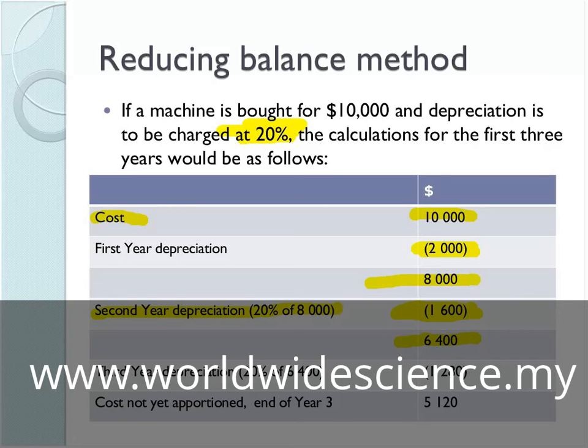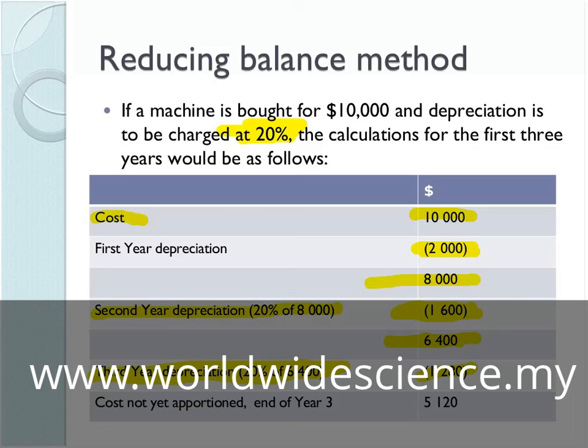Yes, I already typed it for you in the chat box. So this is second year depreciation. After second year depreciation, we will get the machine costing of 6,400, right? Let's say the third year of depreciation. Here is given 1,280.